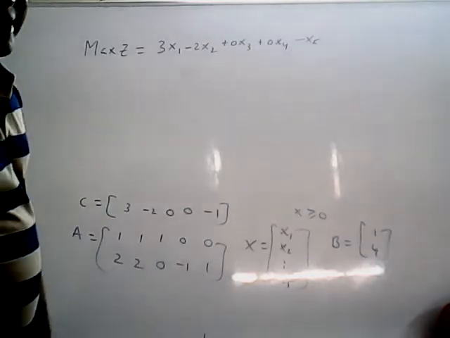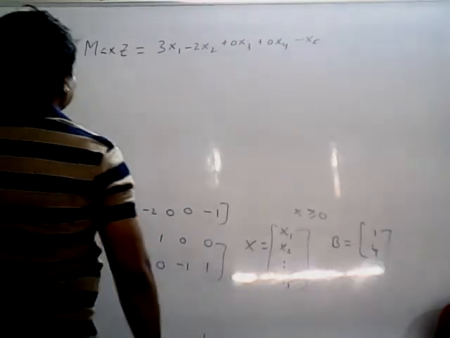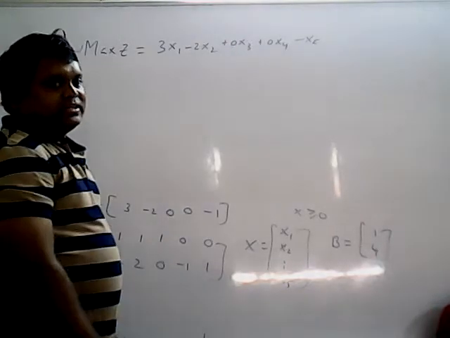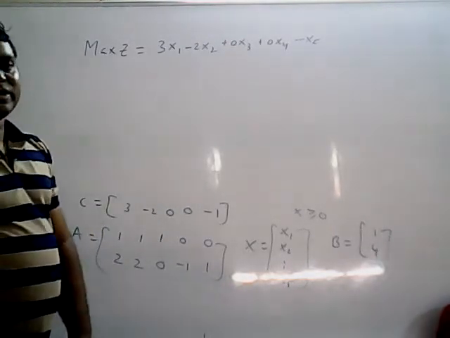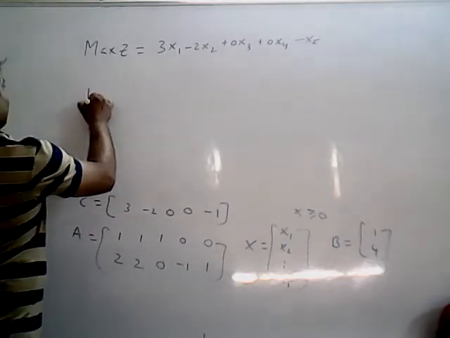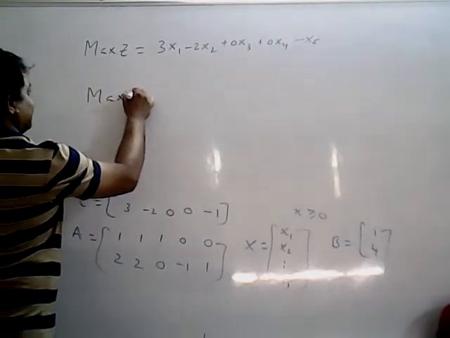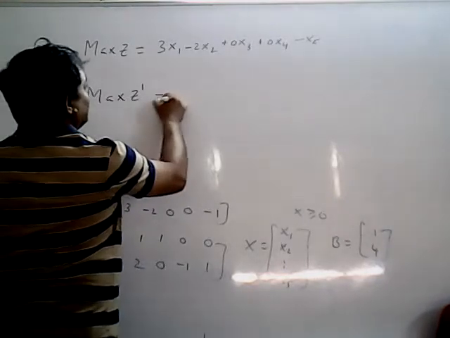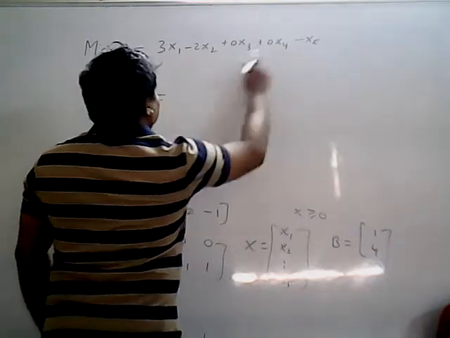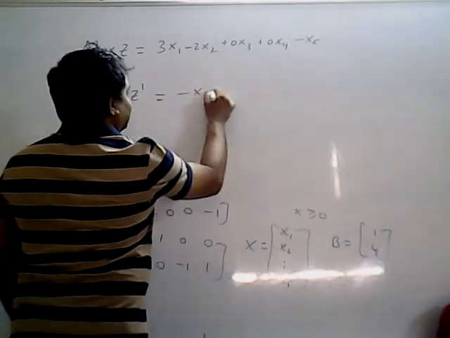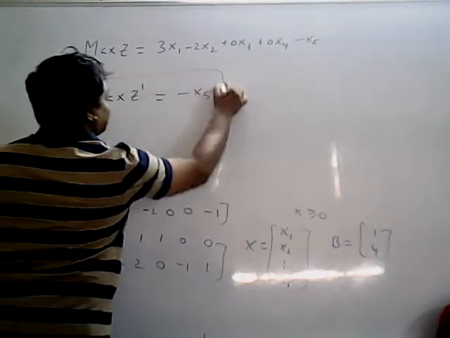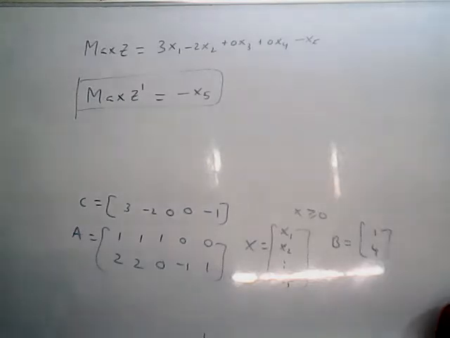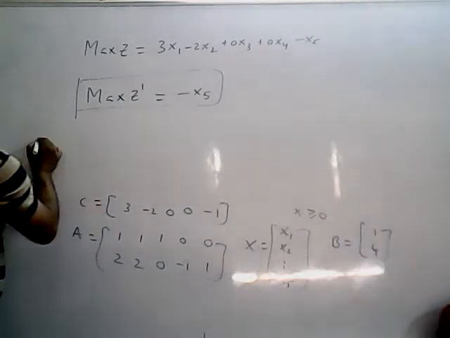Then the modified objective function, which I will read as Z dash, is given by: max Z dash equals zeros for all except the artificial variable, that means minus x5.